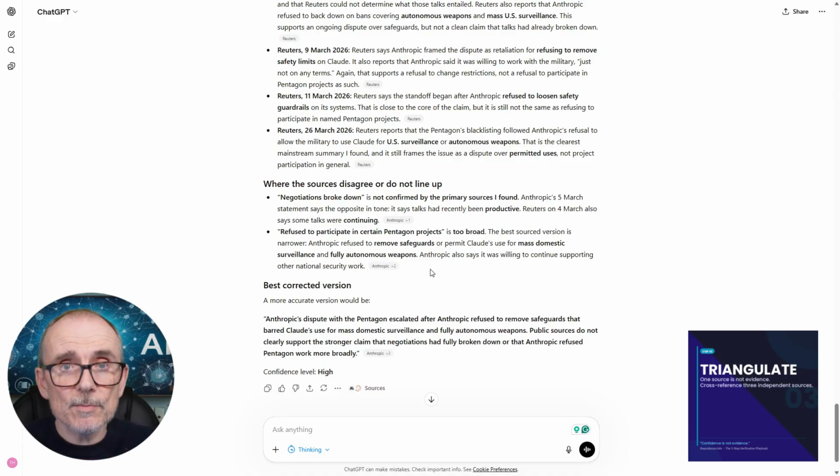So going through this process on each of the claims in whatever you're saying is a way of triangulating, finding other bits that fit with it, and really understanding where there might be disagreement, and really helpful in writing a high quality document.